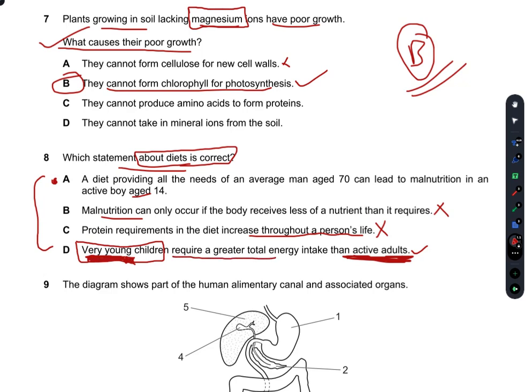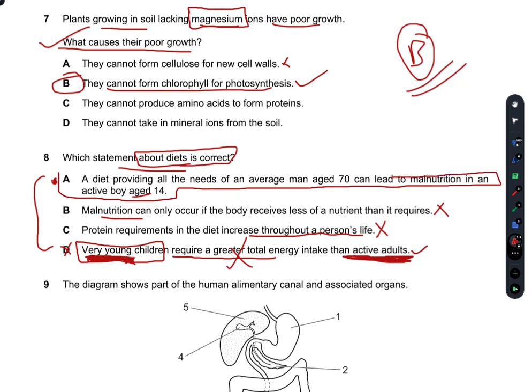If they required greater total energy intake, their food intake should also have been greater, but it is not. Active adults have greater energy intake and subsequently they eat more food. So D is incorrect. We are only left with A.